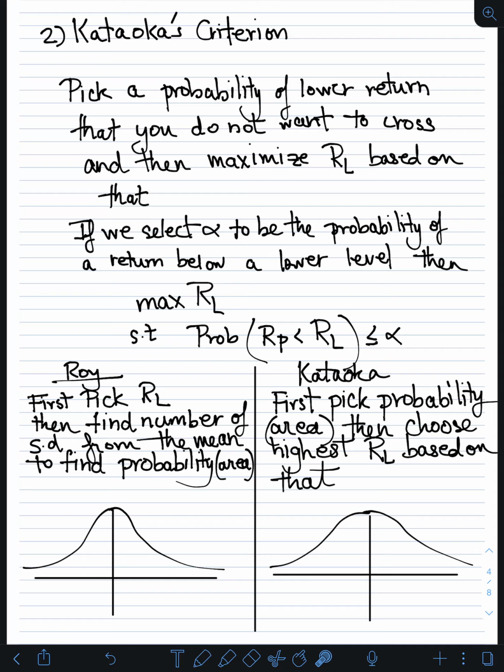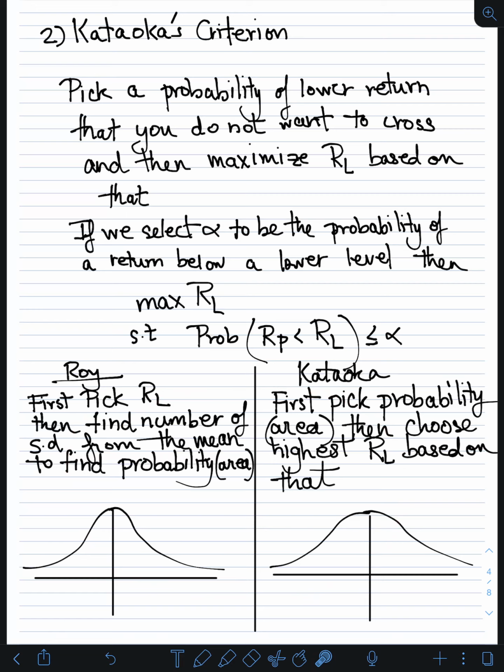So this might sound a little complicated for now, but hopefully when we solve a few of the problems and I explain what's going on through this comparison, it might become easier to understand. Basically, we're trying to find the maximum lower limit return that we can get. So what did we do in Roy? In Roy, we first picked the lower limit return.